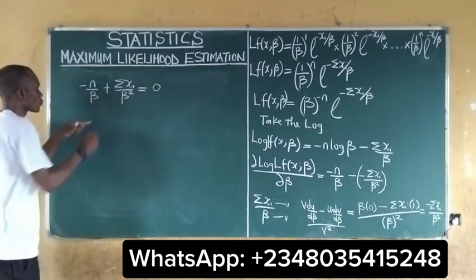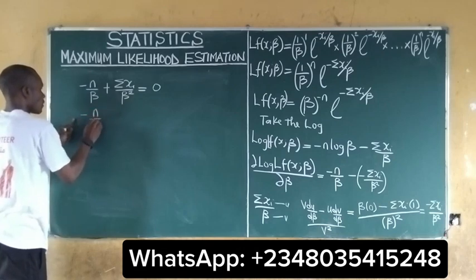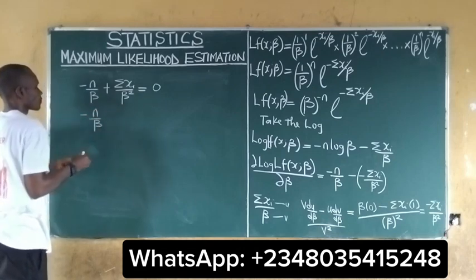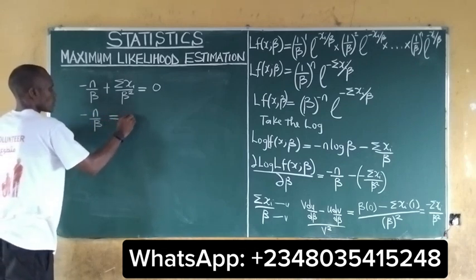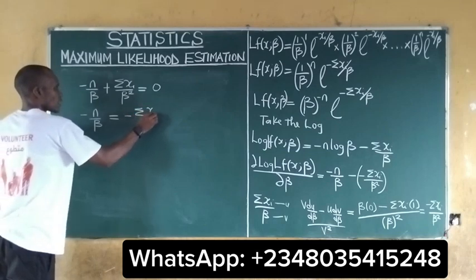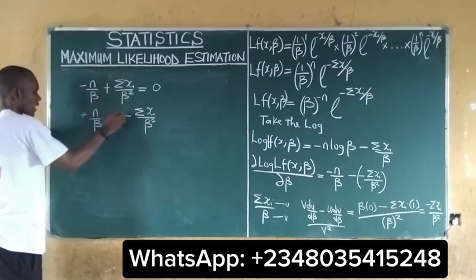So we can take this over to this place to give us negative n all over beta is equal to negative summation xi all over beta squared. So this can cancel this.